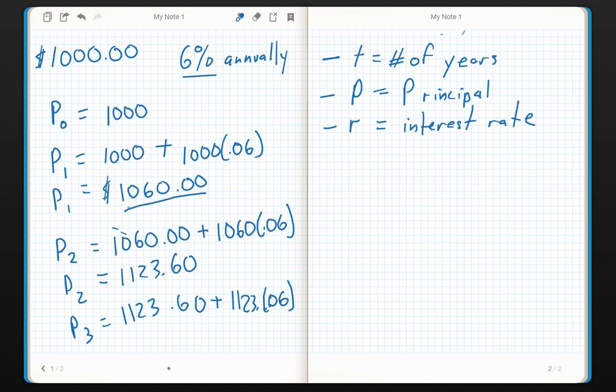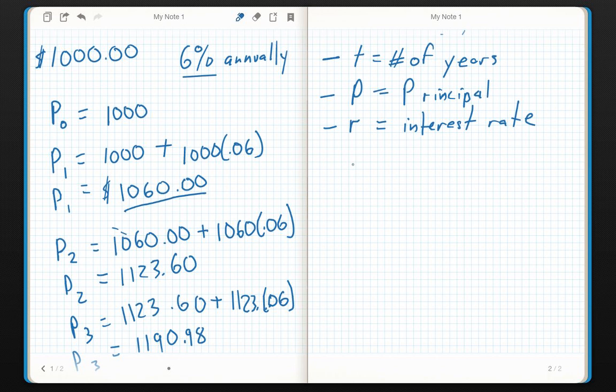And we end up with a balance after 3 years of $1,191.02.